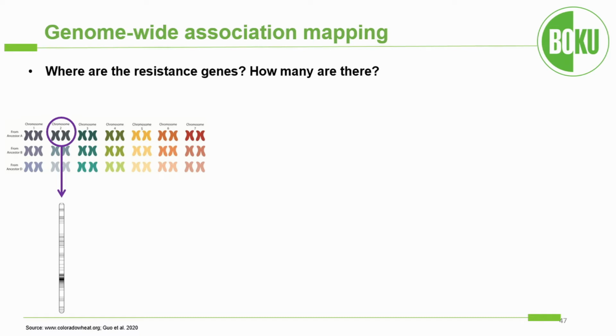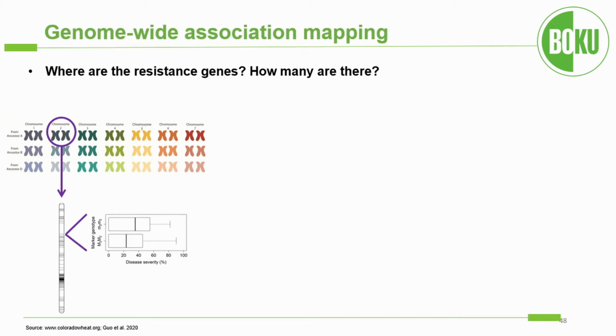Based on a statistical test, one would look at this marker and group our genotypes into two groups, which carry either the recessive or the dominant allele at this marker, and compare whether these two groups differ significantly in their average. Here, that is not the case, so probably this marker does not have anything to do with resistance.